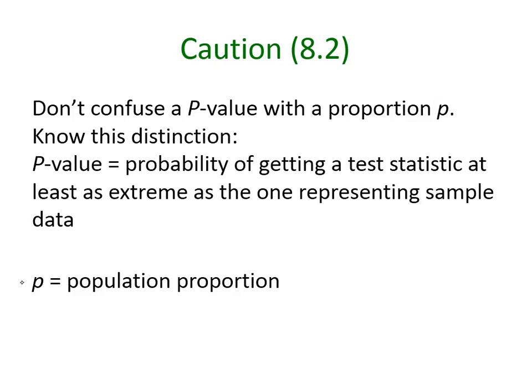Don't confuse your p-value with your proportion p. Your p-value is finding a probability of getting a test statistic at least as extreme as the one representing the sample data, versus the p is your population proportion. P hat, remember, is also your sample proportion.